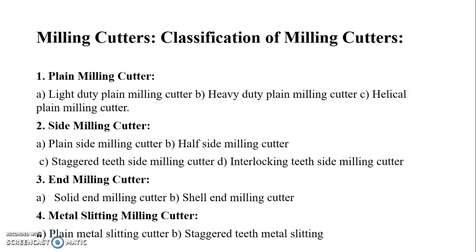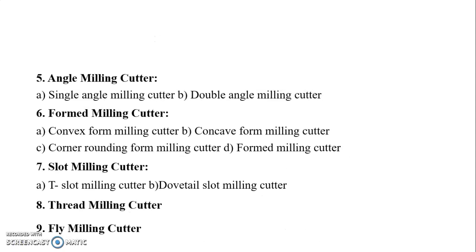Then the end milling cutter. Under this category are the solid end milling cutter and shell end milling cutter. Then the metal slitting milling cutter, with the plain metal slitting cutter and staggered teeth metal slitting cutter. The next is the angle milling cutter. There are two types, single angle milling cutter and double angle milling cutter.